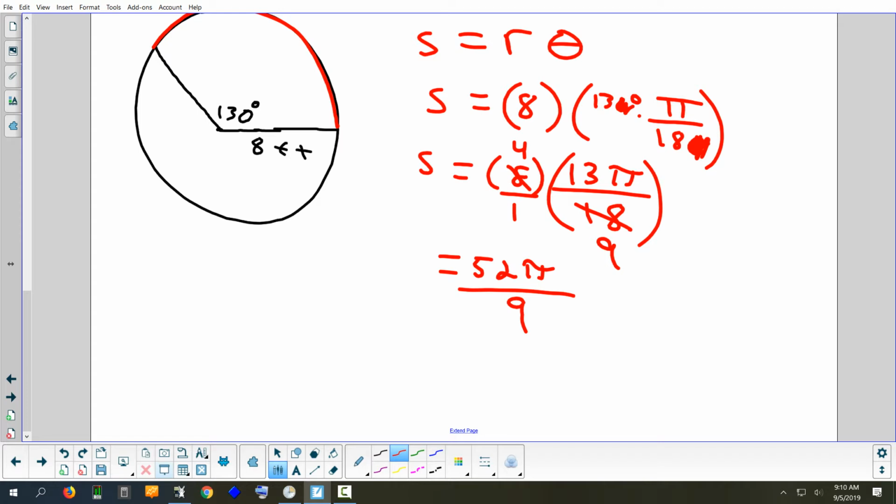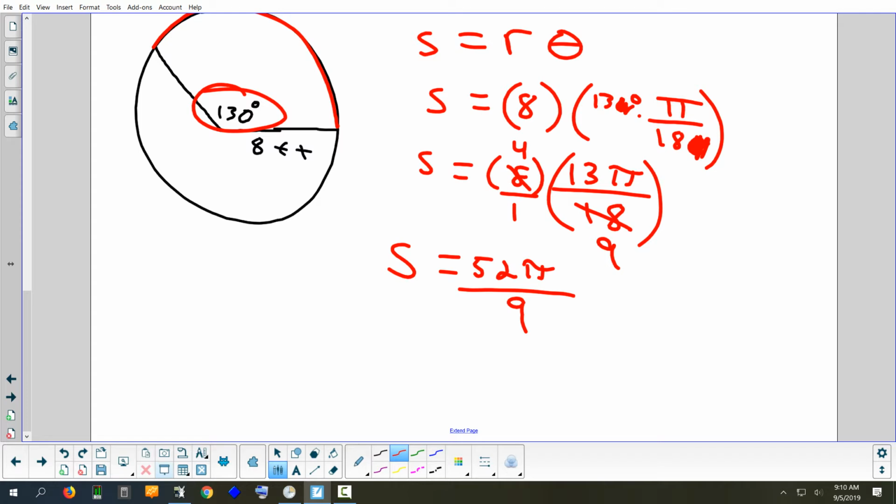And now we just have to remember what we just found. Okay. What did I just figure out? The arc length, the radius, or the angle? The angle. So the angle was given to me. Yeah, but you just changed it from degrees to radians, right? So that 52 pi over 9 would be the angle, right? Well, remember it's equal to S, right? So this was equal to S the whole time.